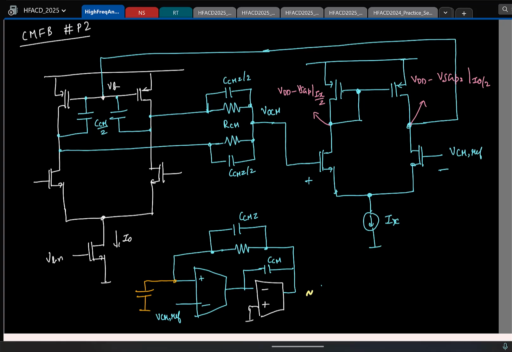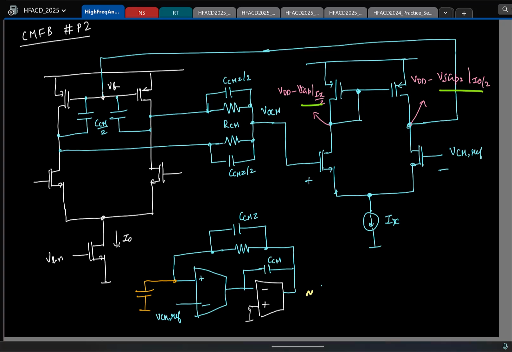See here, this drain potential is at VDD minus VSG of this PMOS transistor. This drain potential is at VDD minus VSG of these PMOS transistors. If I don't choose the two VSGs to be equal, then the two drain potentials will not be equal.